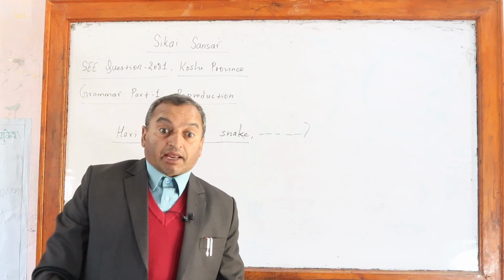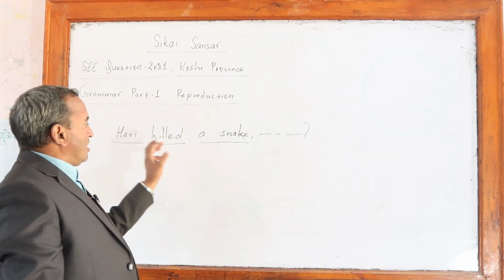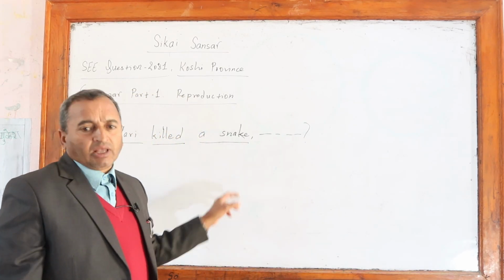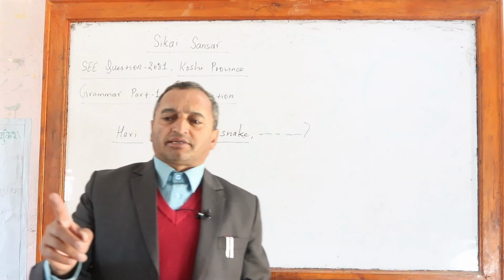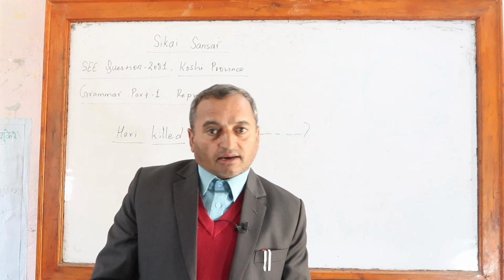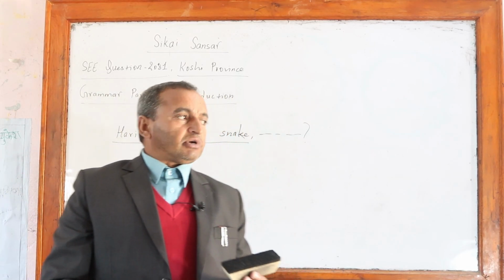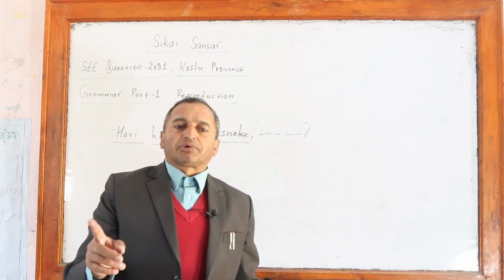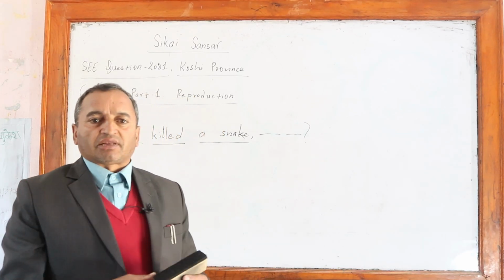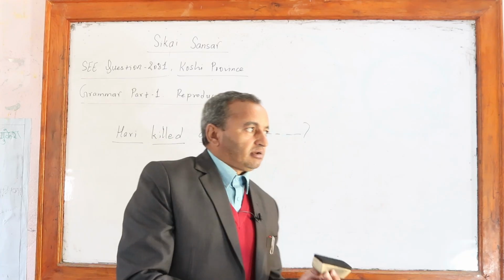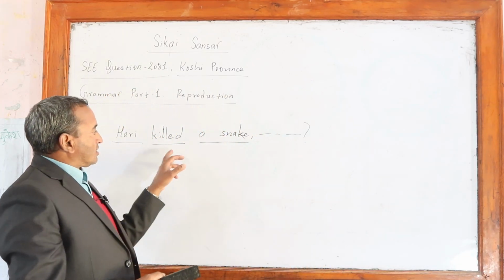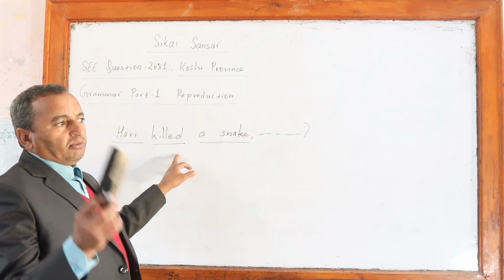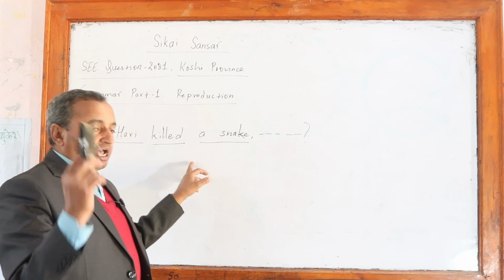Again, tell me, my dear students, is the sentence in affirmative or negative form? Yes, you are right. The sentence is in affirmative form. So in this case, we have to supply the question tag in negative version. And what type of verb is given there? The B2 form or past form is there.